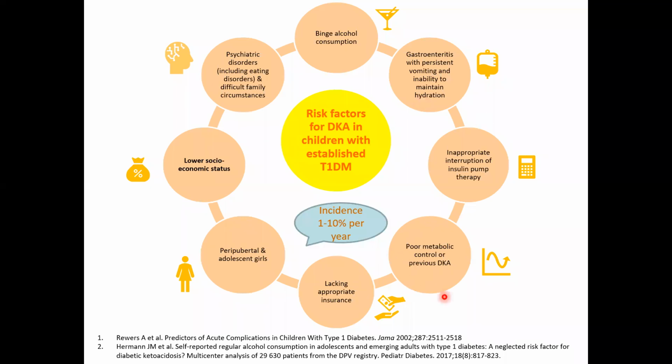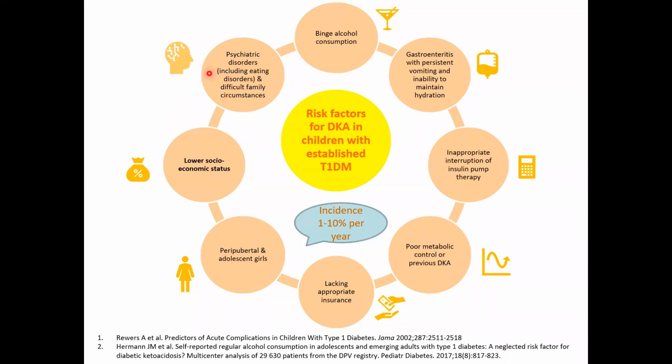Then patients who have poor metabolic control or have a previous history of DKA are at higher risk of getting subsequent episodes of DKA. Again, poor access to medical care. Interestingly, studies have found that peripubertal and adolescent girls are at higher risk of DKA compared to their male counterparts, and we still don't know exactly why this is so.